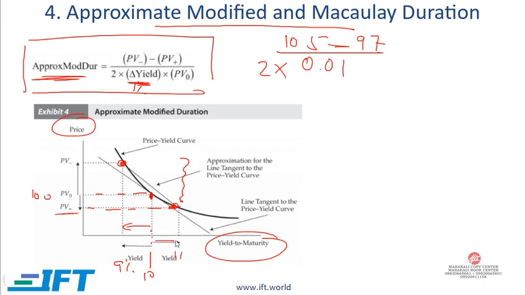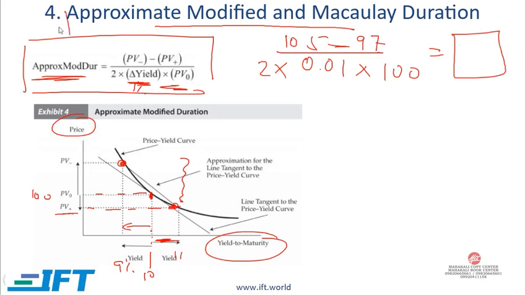Delta y or delta yield is the change in each direction, which is 1% in my example, or 0.01, multiplied by PV0, which is 100. When you get the answer to this, you will have the approximate modified duration of this particular bond.